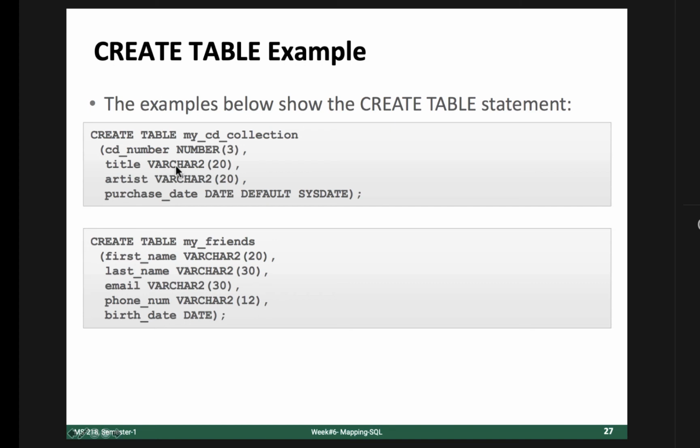Varchar is a variable character. Varchar2 is used for categorical or text values, and here 20 means 20 characters. We are restricting its length to 20 characters. Then we have date, where the default is system date.